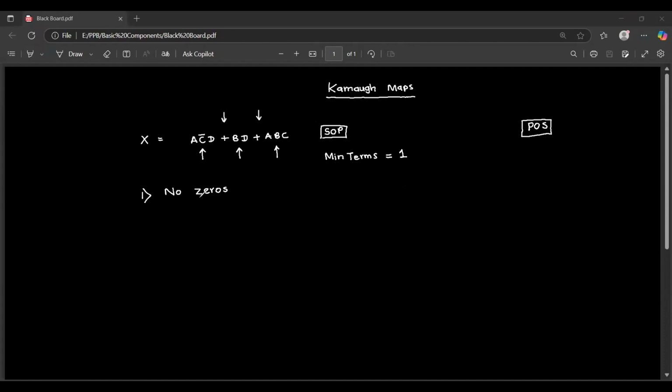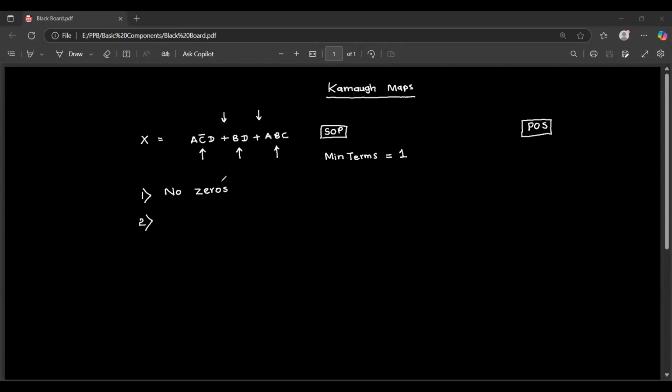So what I mean by no zeros is that you can't choose any term whose output is equal to 0. If the output is equal to 1, good, you can choose that term, but if the output is equal to 0, you can't choose that term. Keep that in mind.